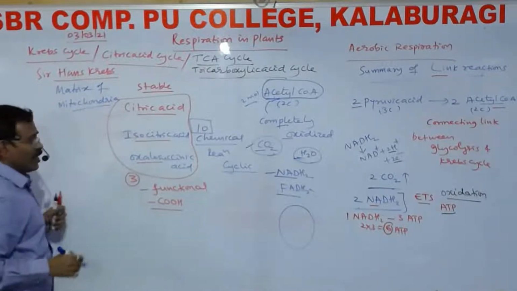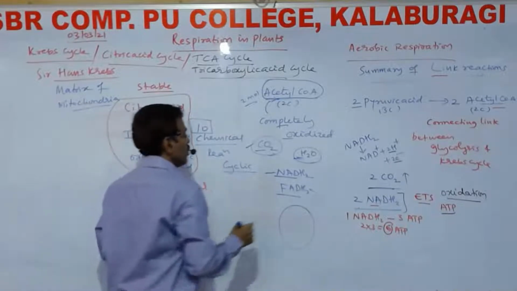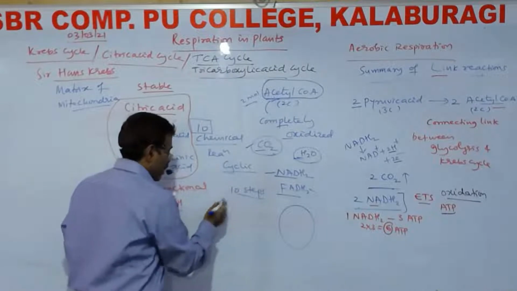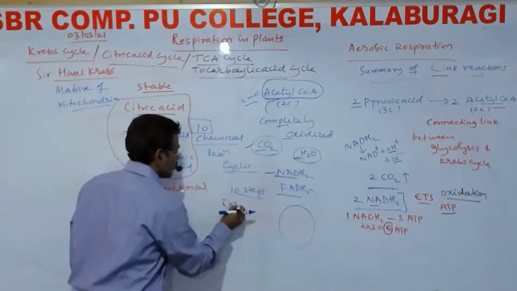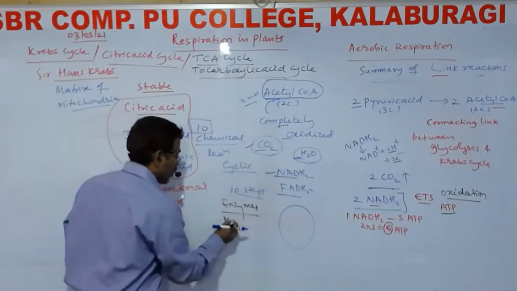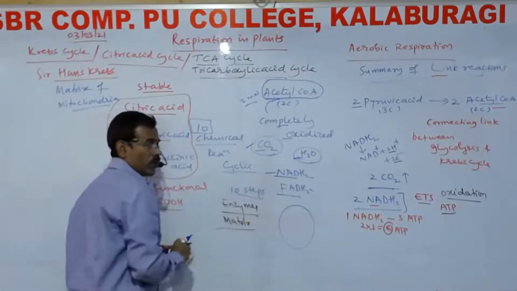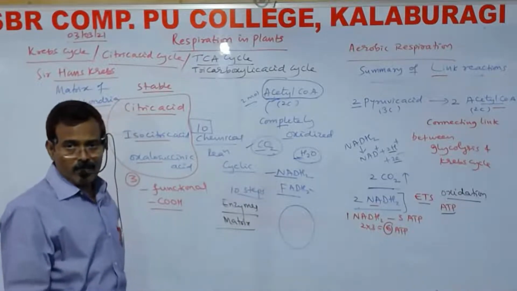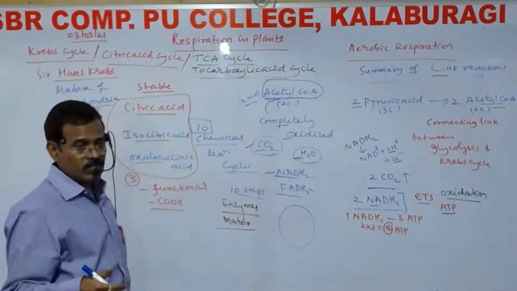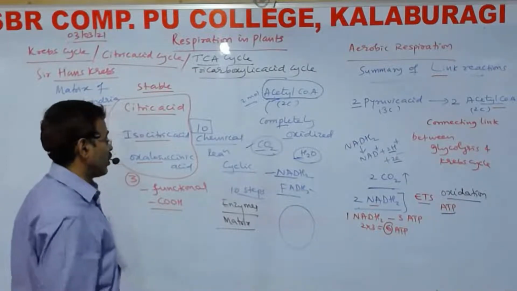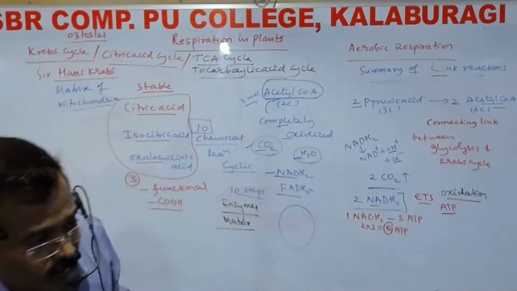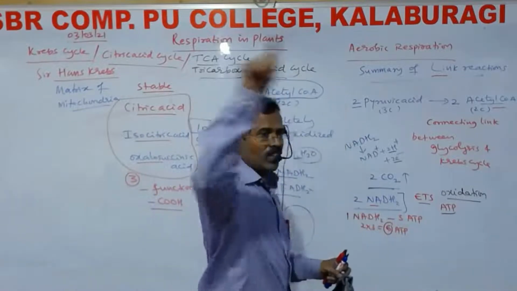This cycle occurs in the matrix because these 10 steps are catalyzed by enzymes, and these enzymes are present in the matrix of the mitochondria. That's why the Krebs cycle reactions occur in the matrix. So we'll begin now, one by one, all 10 steps, and then we can draw the schematic cycle.